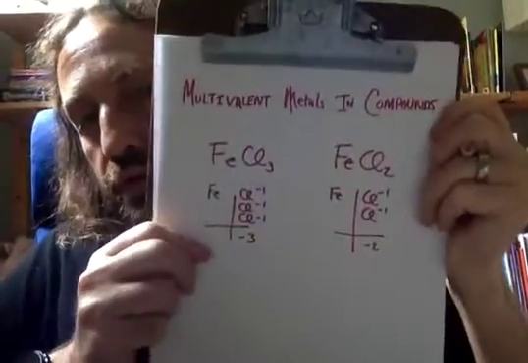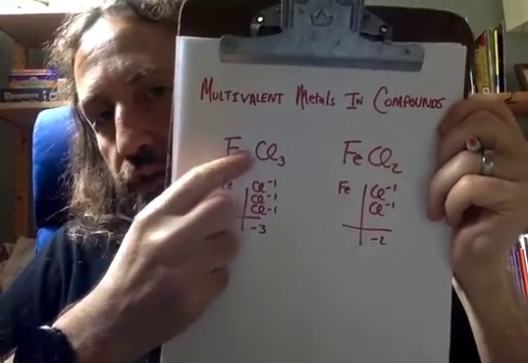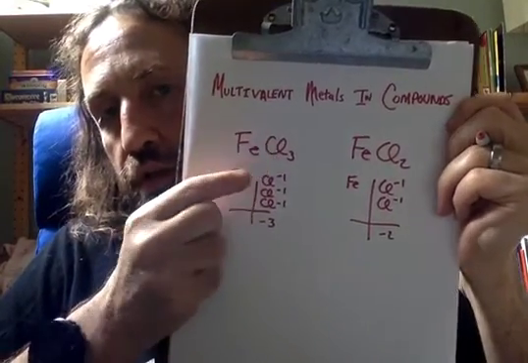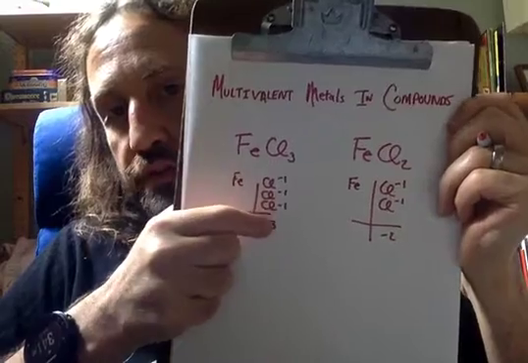Now, chloride is, again, always going to be a -1. So that's important. And so we have one iron, and then on this one we have 2 chlorides, so that's a -2. So when you look here, this is FeCl3, so you need 3 chloride, that's a -3.